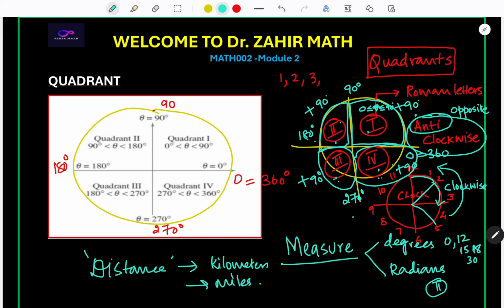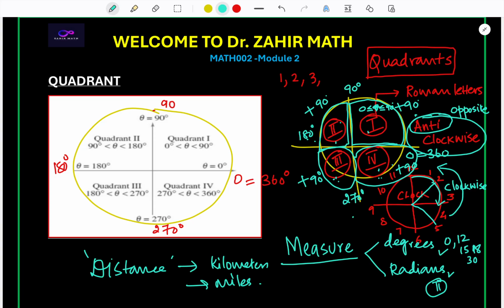Here we are measuring by kilometers; in some places by miles. In the same manner, angles can be measured in two ways. One is degrees, another one is radians. I'll tell you in which place you have to use degree and which place you have to use radian.